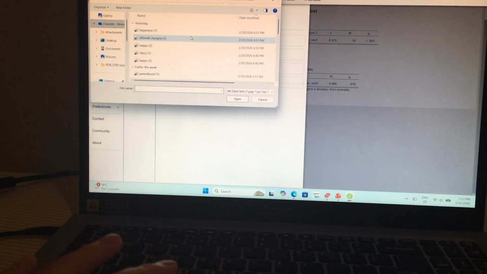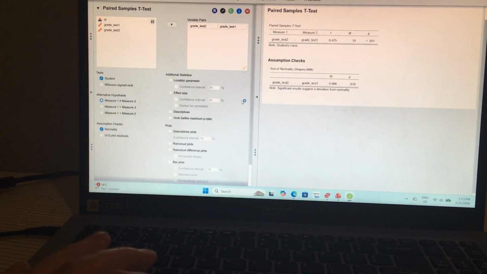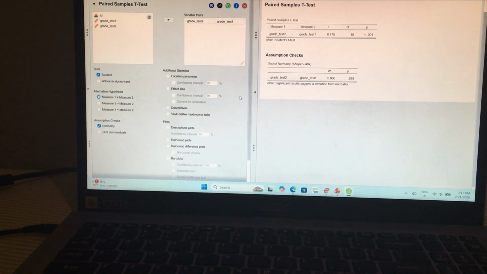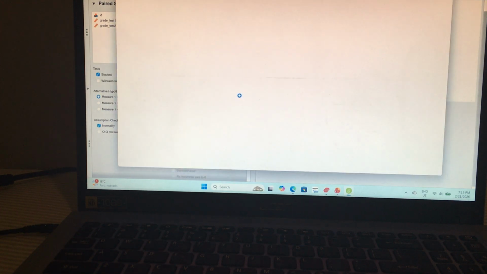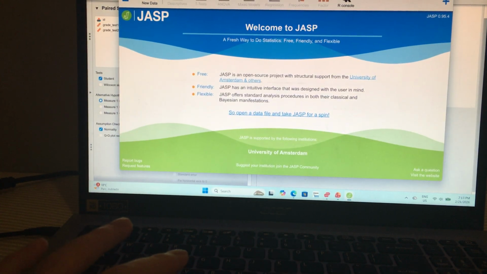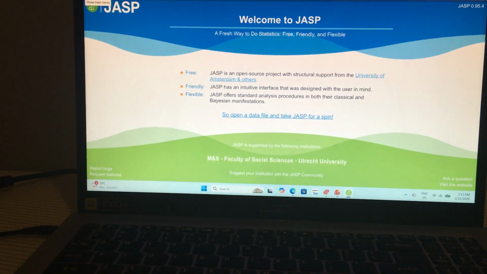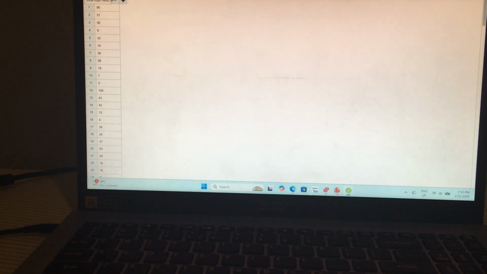Here it is, small margins data set, open. Give it a second to open. There we go. We'll maximize this and let it do its thing. There it is. There's our small margins data set.